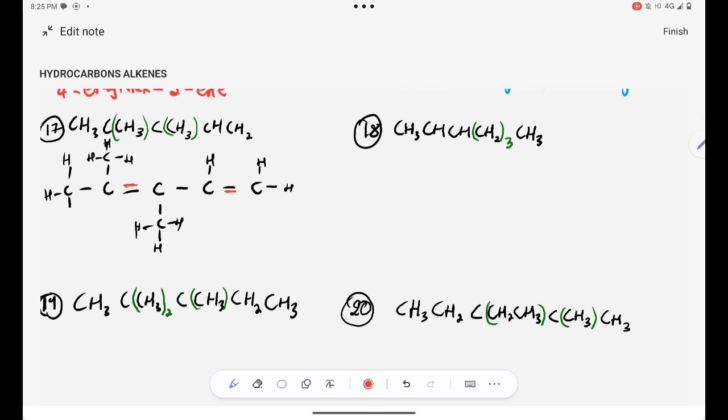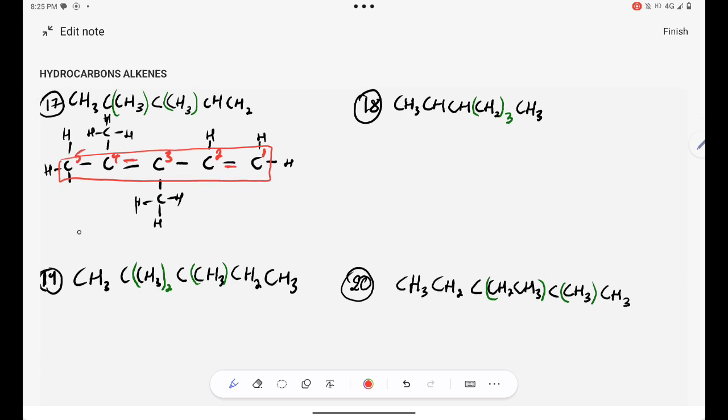So the IUPAC name for this would be interesting. Let me see. This would be carbon number 1 because it's closer to the double bond. That's 2, 3, 4, and 5. Right? So carbon number 3 and 4 have the additions. That's dimethyl.